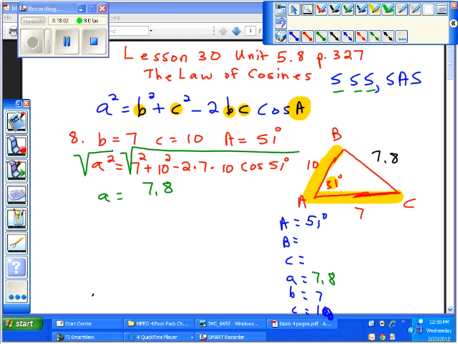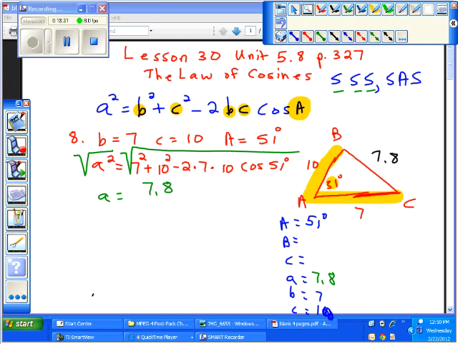Now, if we have side, side, angle and we're going to switch over to the law of sines, that means we're dealing with the ambiguous case. All right? But we're dealing with law of sines, and so we want to find the smaller angle, just in case. The smaller angle can't have an obtuse option.